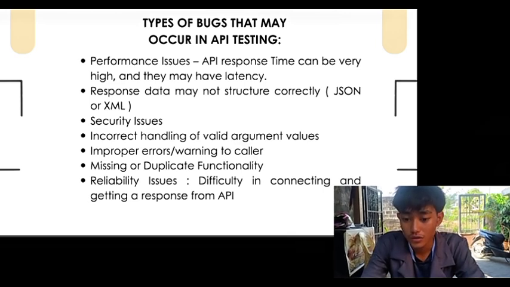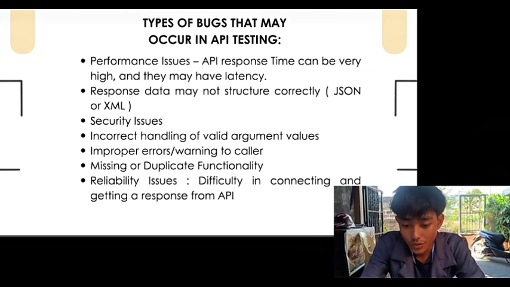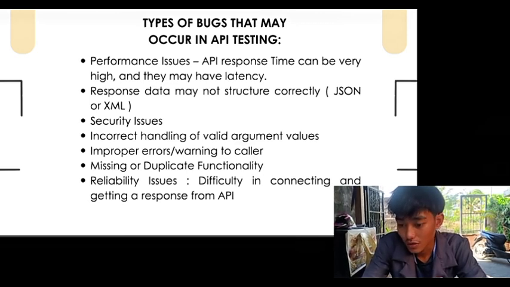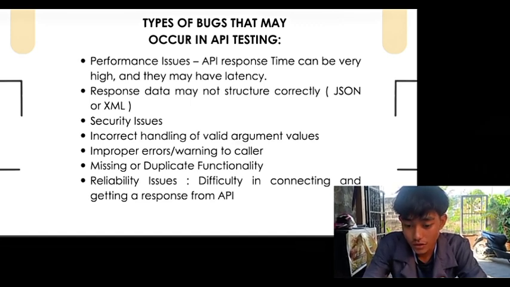Improper errors and warnings or clutter. Missing or duplicate functionality. Reliability issues. Defect quality. Connecting and getting a response from the API.